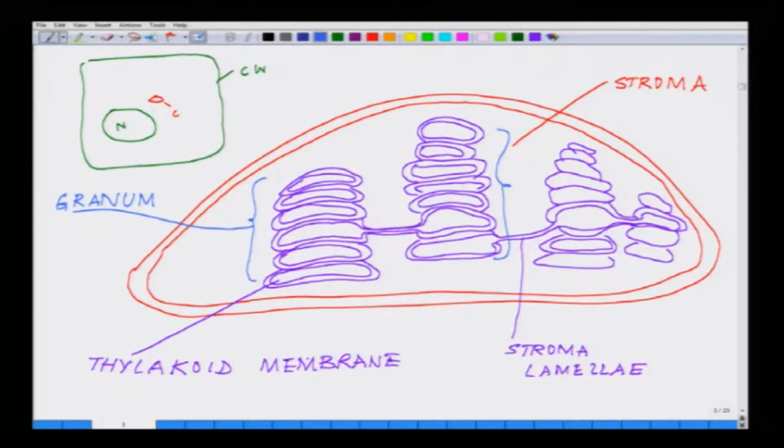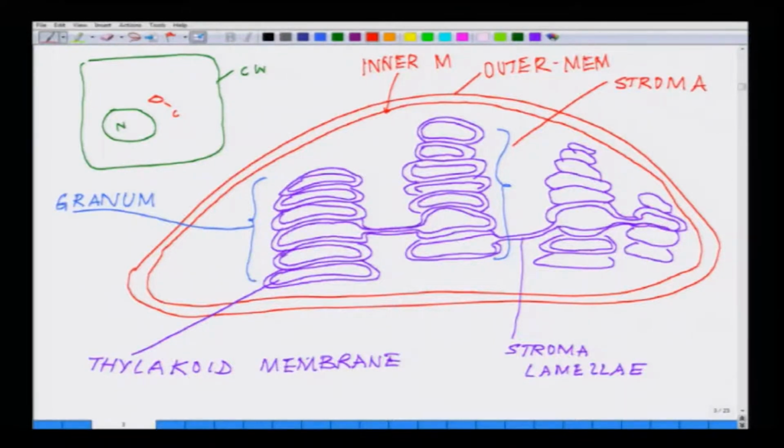So this is the outer membrane of the chloroplast, and this is the inner membrane of the chloroplast. Outer membrane, inner membrane, you have the granum, you have the stroma.